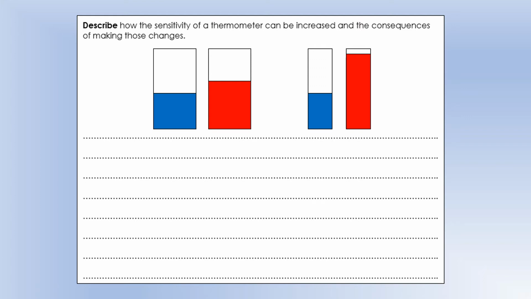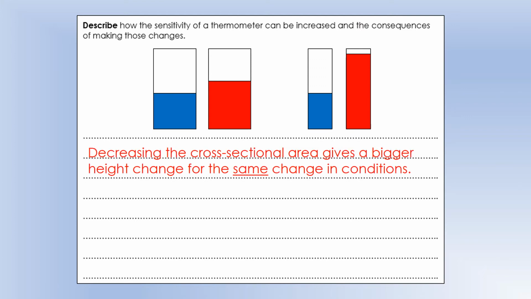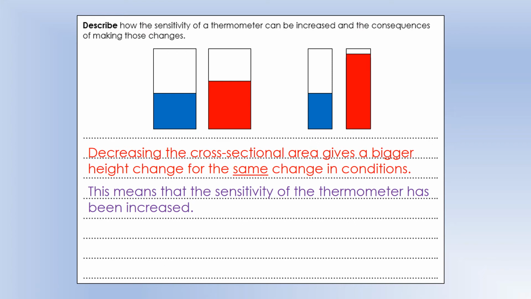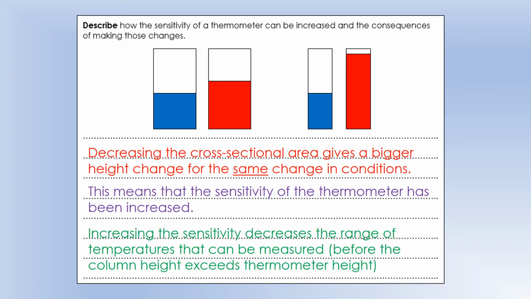So the change in height for the same temperature change is bigger, which means it's more sensitive than it was with a wider one. But the issue with doing that is you're going to get a smaller range of measurements you can take, because the temperature at which it goes off the top of your thermometer is going to be much smaller if it's narrower. So that's the trade-off there.